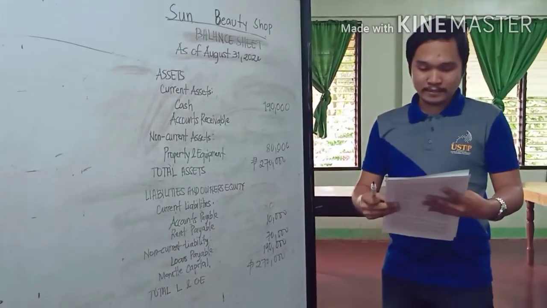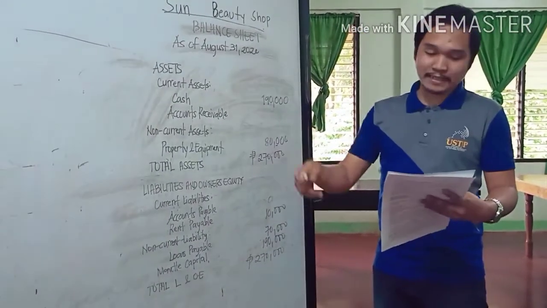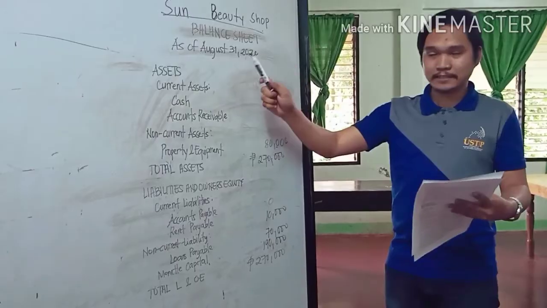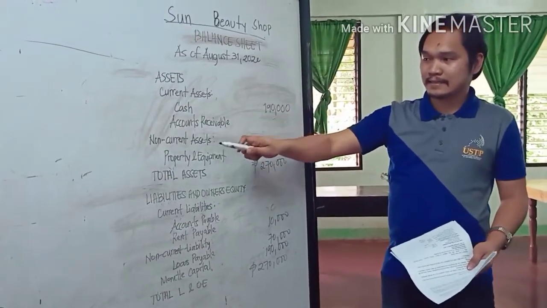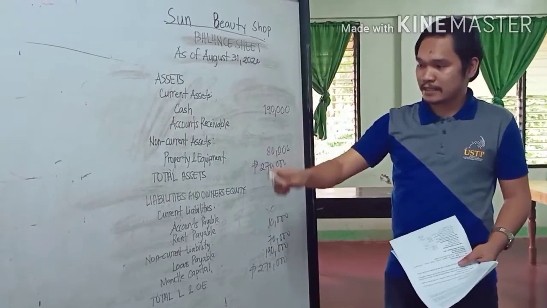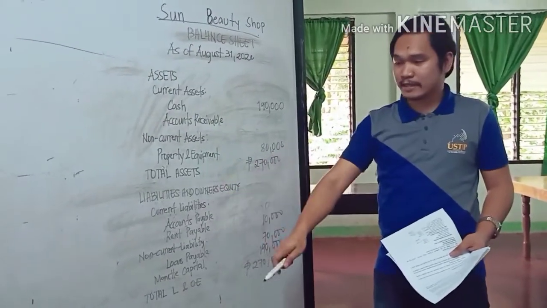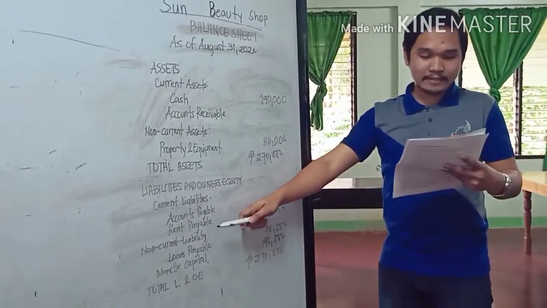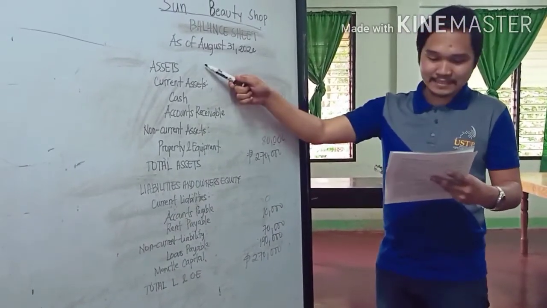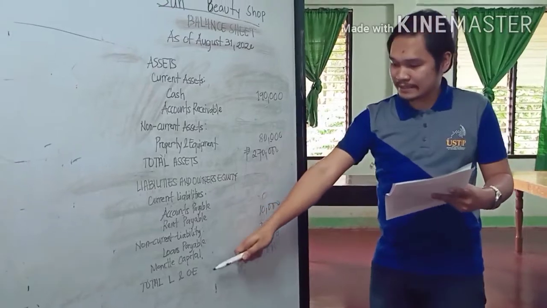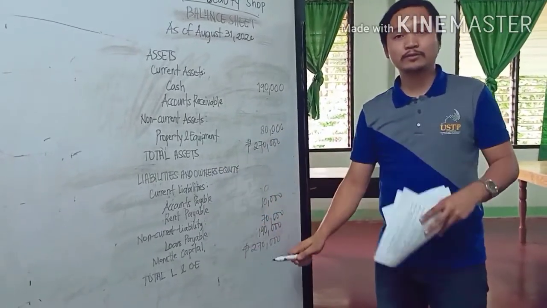Assets and liabilities are classified as either current assets and non-current assets, and for liabilities, current liabilities and non-current liabilities. Of course, the total assets and the total liabilities and owner's equity should always be equal.